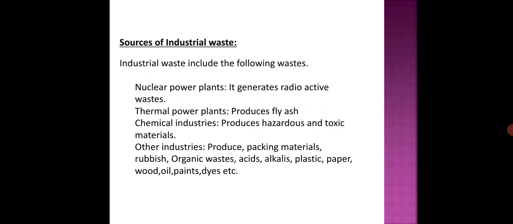Similarly, thermal power plants produce fly ash. Hazardous and toxic materials are produced by chemical industries. Packing materials, rubbish, organic wastes, acids, plastics, paper, wood, paint and dye are the wastes produced from other types of chemical industries.